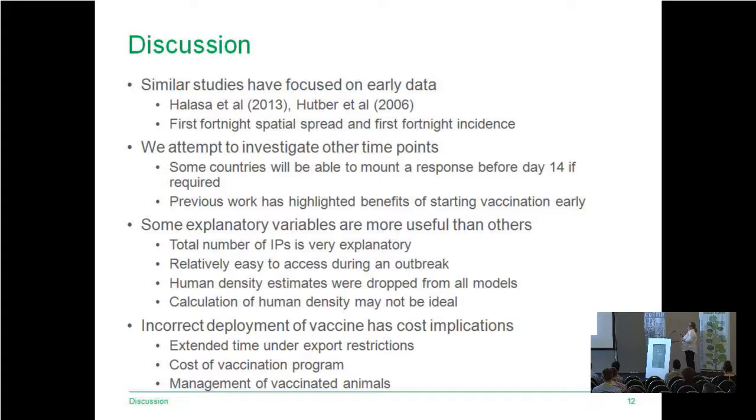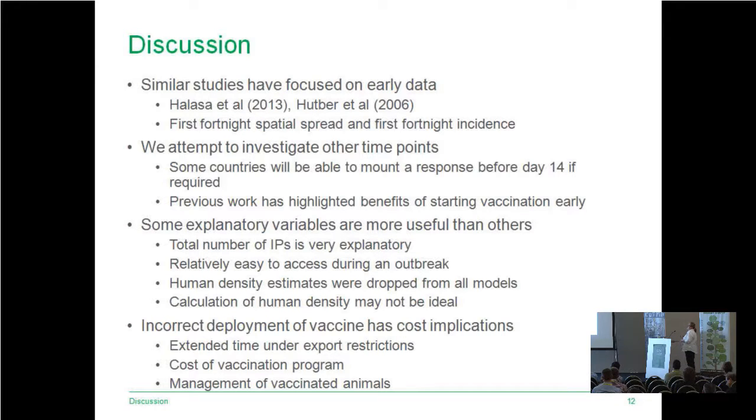So the upshot of the work here is some of our explanatory variables were very explanatory and some were less so, but the idea is not totally out of the question. We did get more than a random number of correctly classified severity outbreaks.